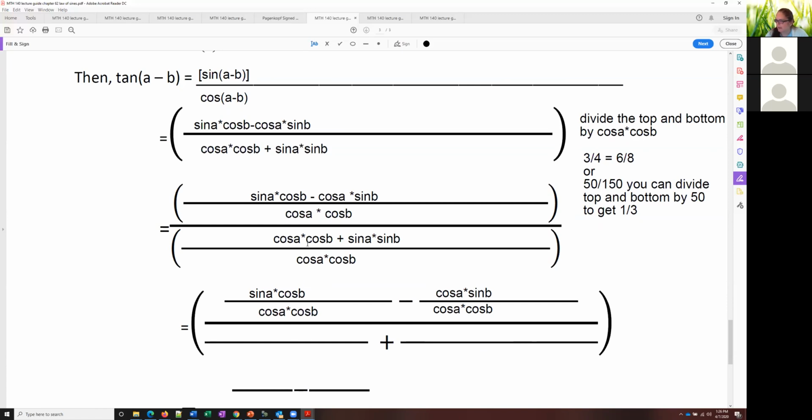I can do the same kind of thing on the bottom. I'm going to take this single fraction and split it up into two fractions.